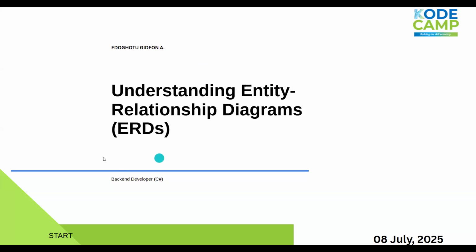Before I proceed, I want to ask, has anyone come across this concept before? Entity relationship diagram. Though I have come across it before, I haven't made use of it often. Okay, that's fine. Who else?